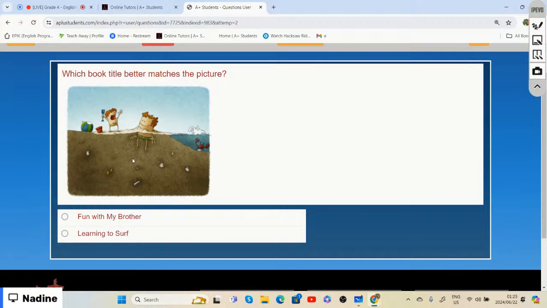Which book title better matches that picture? Is it option one that says Fun with My Brother? Or option two, Learn to Surf? Remember, the title needs to be based on what they are doing or what's happening. So, is it Fun with My Brother, option one, or Learning to Surf, option two?